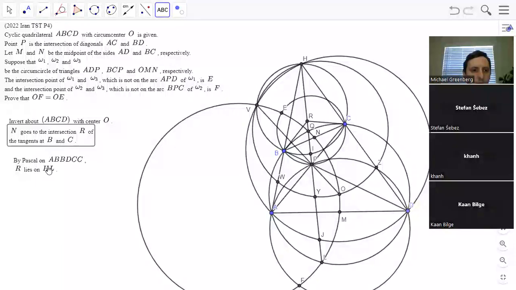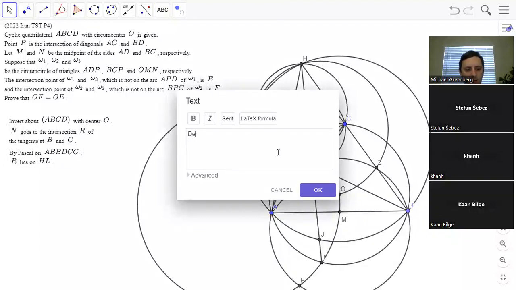So yeah, L isn't defined in the problem, but okay. And then define S similarly. We'll say similarly, let S equal AA intersect DB. Then S is on HL.